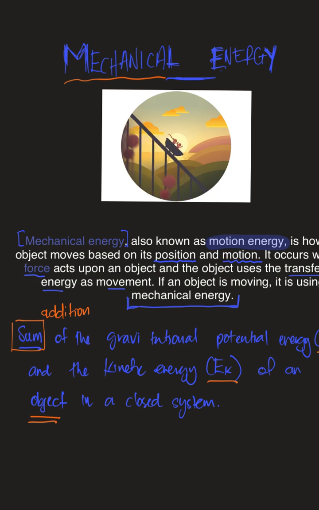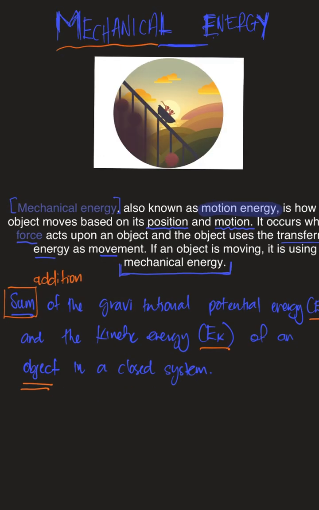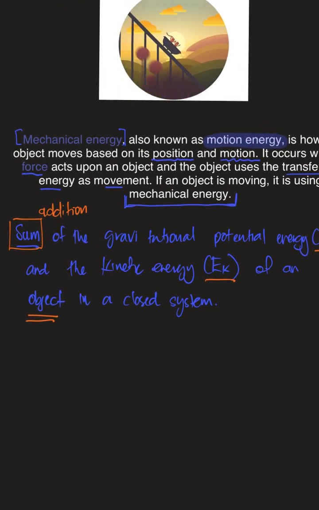So when we talk about mass, for example, we're talking about one sort of situation. Our one object when we're dealing with mechanical energy will be this cart with these two children in it, right? The next thing it says is in a closed system. So what do we mean by closed system, right?